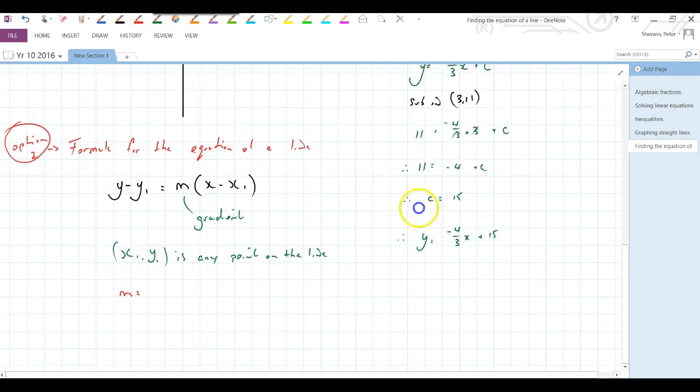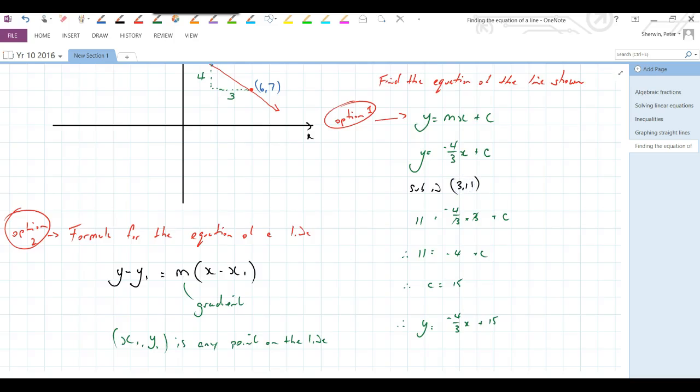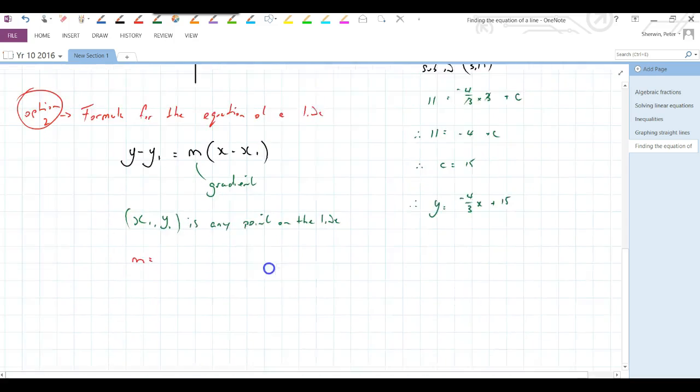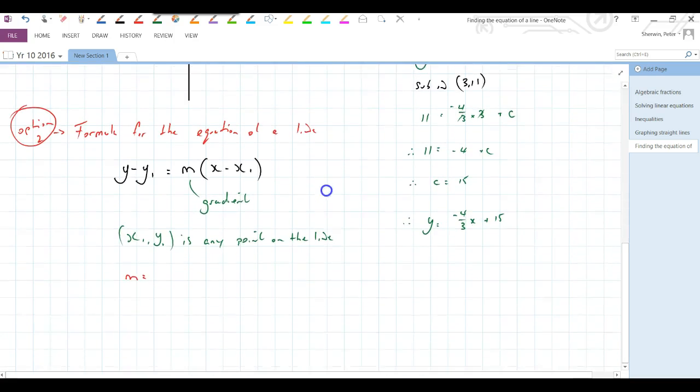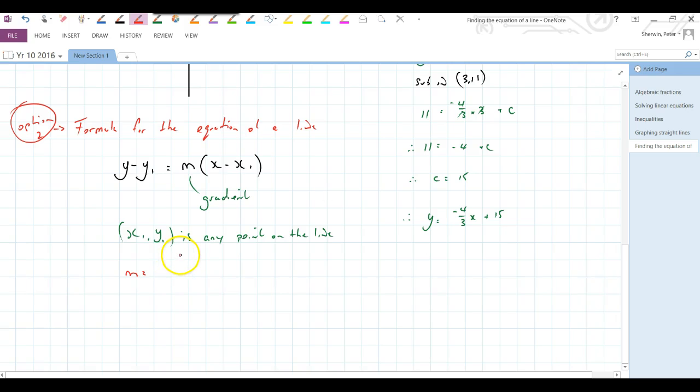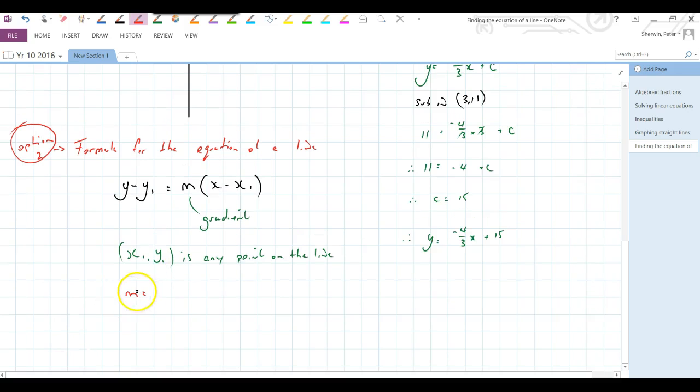Now we've already worked it out over here. We worked it out to be minus 4/3, didn't we? Okay, now just to throw another formula at you, our gradient is found by taking the y coordinates from 2 points and subtracting them. That's y2 minus y1, that represents the rise, and x2 minus x1, the run.